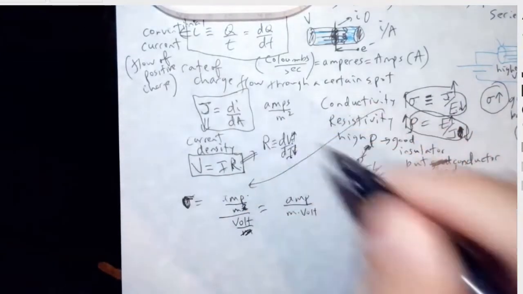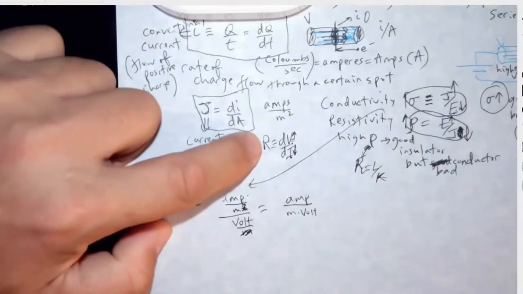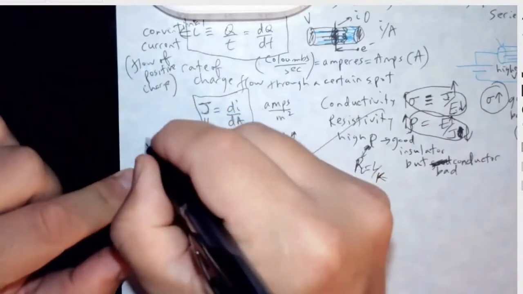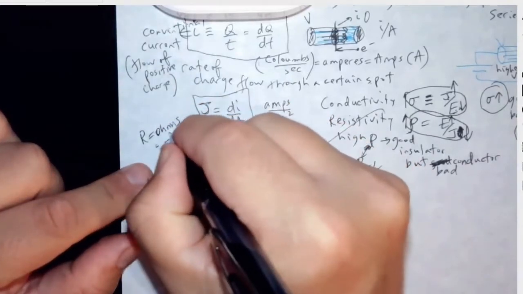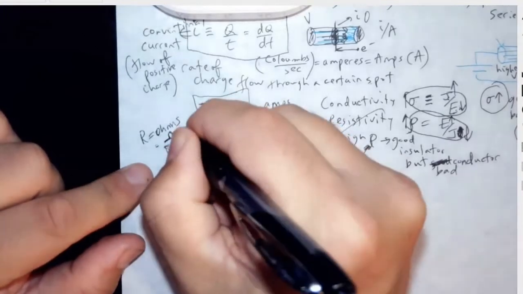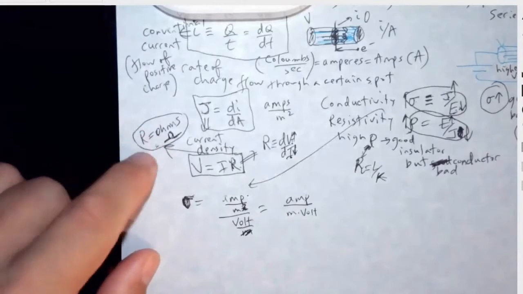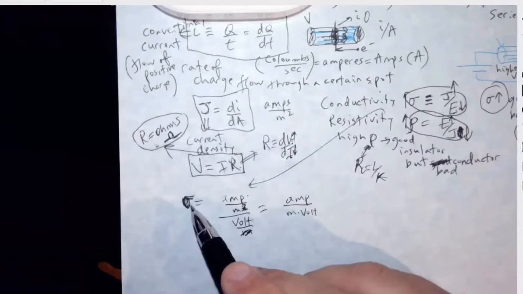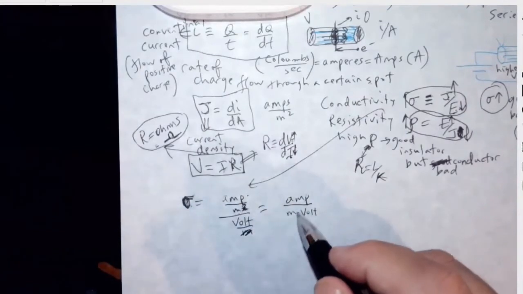Anyway, the units of R would be what? This is volts, this is amps, and R is known as ohms, and the Greek symbol omega is used for that. Ohms, omega. So that's why sigma is amp per meter squared over volt per meter. Then you get amp per meter volt.